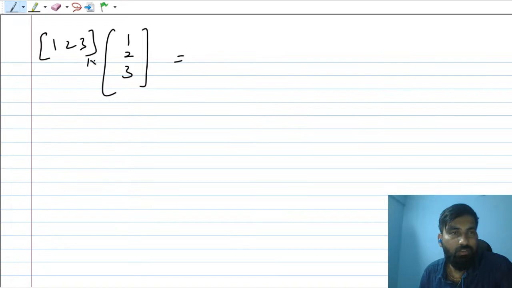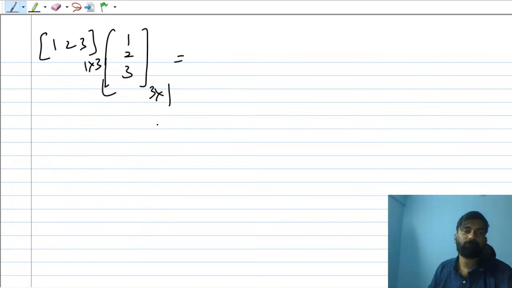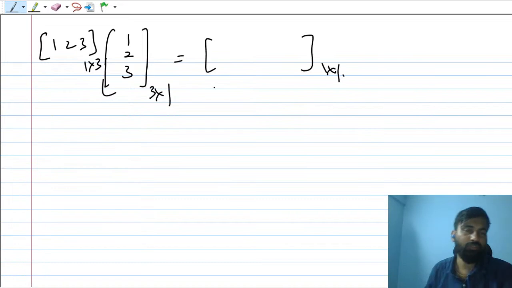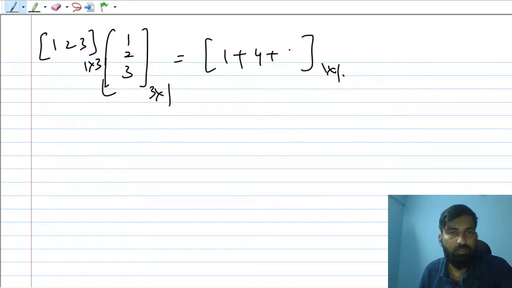This is 1 by 3, one row is there, and this is 3 by 1. So if you take the final, you will get 1 by 1, simple. Okay, so 1 by 1 will be 1 plus 4 plus 9.